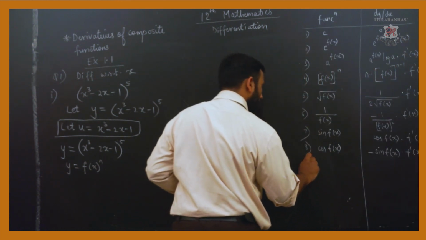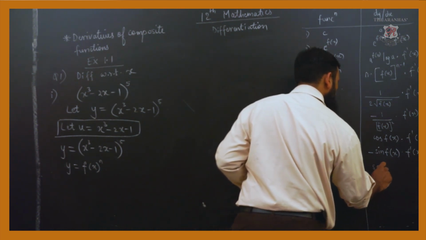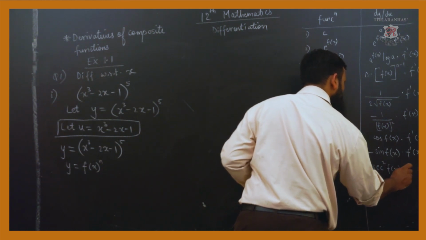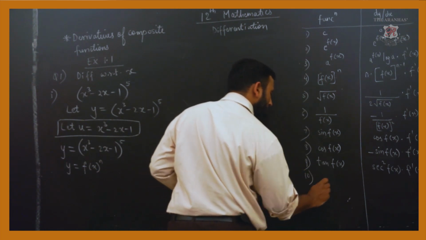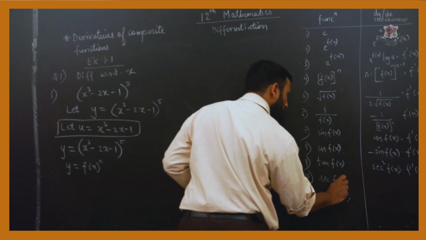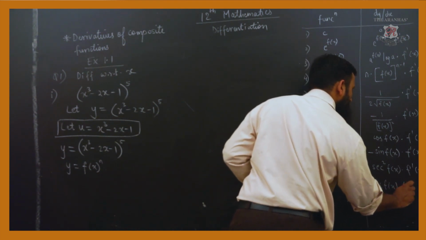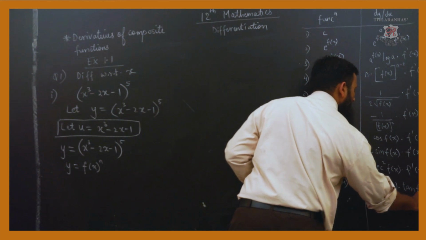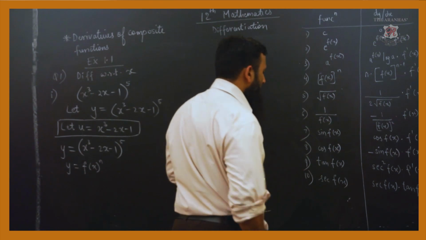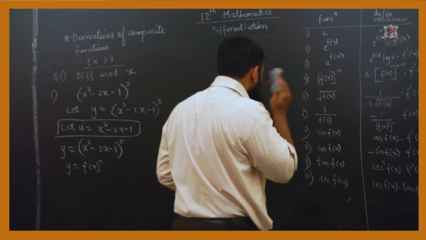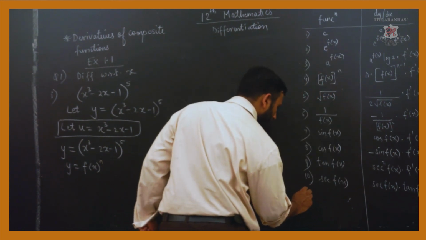Further, we had tan f(x), so we say sec square of f(x) into f dash of x. Then we had sec f(x), so it will be sec f(x) into tan f(x) into f dash of x. Like tan f(x), we can also have cot f(x) and cosec f(x).